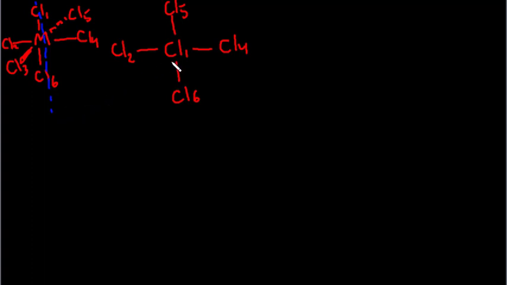And so if we take a look at this view, you would be able to tell that if we do a 90-degree rotation, so a rotation by 90 degrees, we would end up with the following arrangement. So we have chlorine 1 in the center, behind it is a metal, and behind that would be chlorine 6.